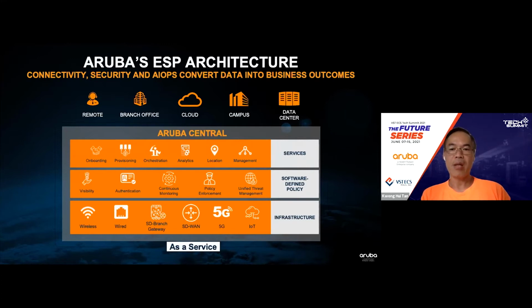With this architecture and through Aruba Central, organizations can configure, manage, report, and even troubleshoot across all network domains, including wired, wireless, and SD Branch, and locations, including campus, the branch office, data center, cloud, and including remote workers, as we are working from home today, or at least most of us are.